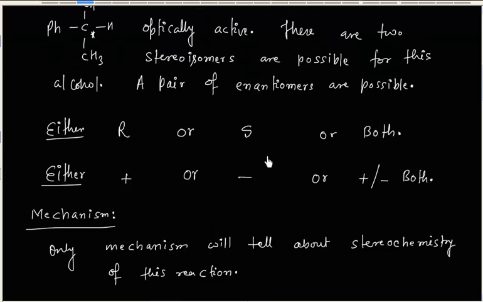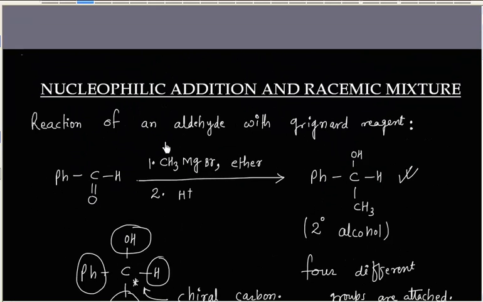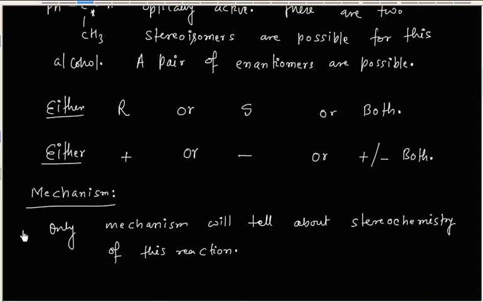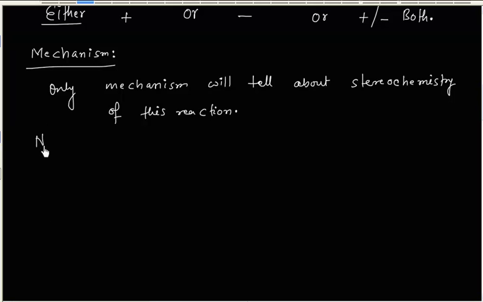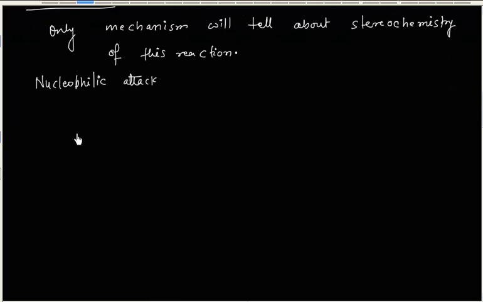So in the first step of this reaction, basically there is attack of a nucleophile, and this will act as an electrophile. So the first step is nucleophilic attack. So we have PhCHO and we have CH3MgBr. So we will have CH3 minus.